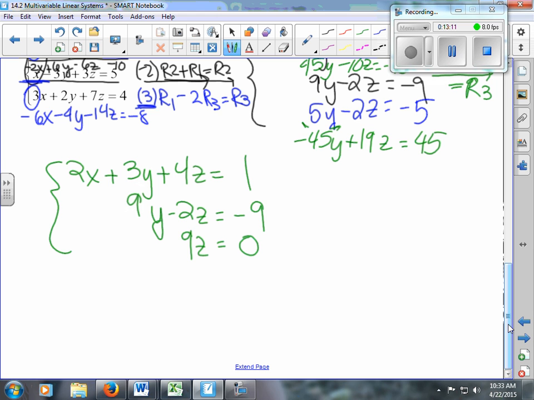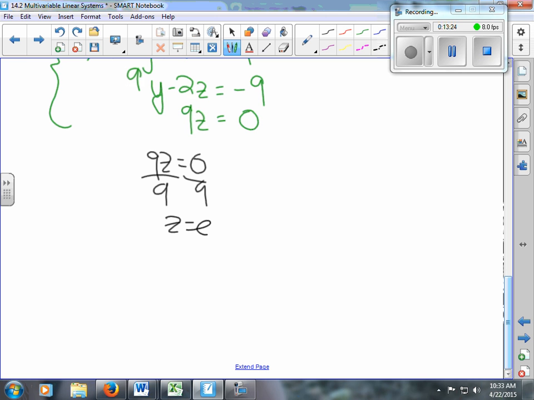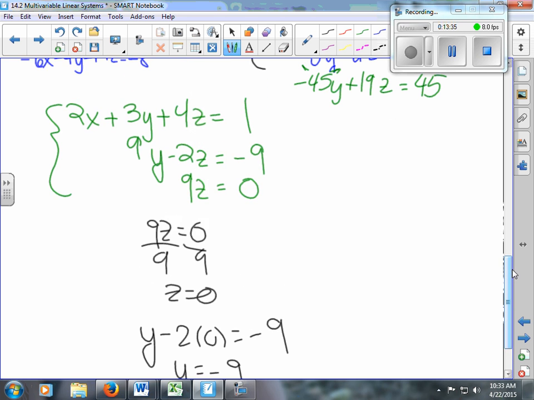And now I'm back in this nice form. I'm in row echelon form, and I can solve this easily. So if 9 times z equals 0, then that tells me that z has to equal 0. So I'll divide both sides by 9. And then if z equals 0, then y minus 2 times 0 equals negative 9. And so this tells me y equals negative 9. And now if y equals negative 9, then 2x plus 3 times negative 9 plus 0 equals 1.